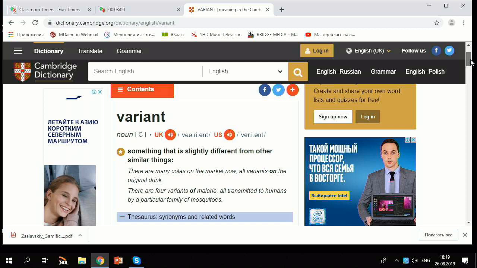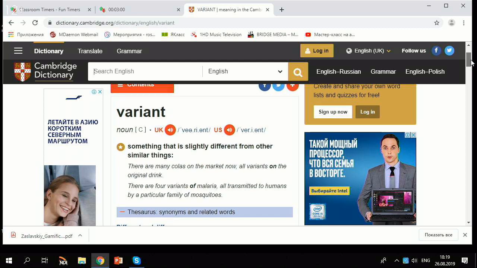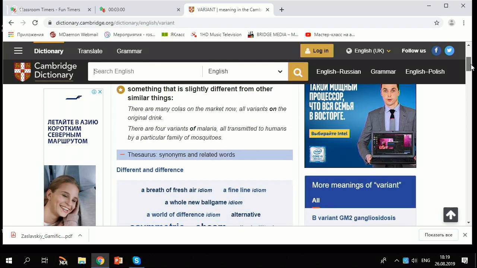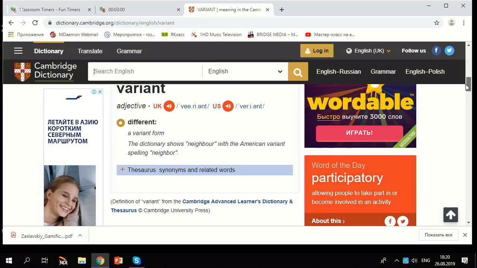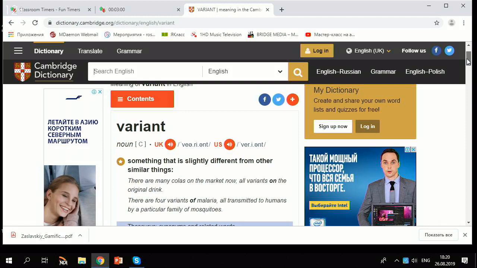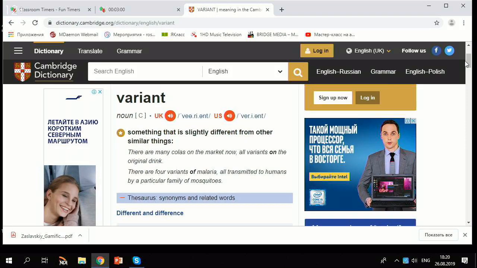And there are 4 variants of malaria, all transmitted to humans by a particular family of mosquitoes. And just so that you can see, there are no more definitions of the word variant as a noun. That is why we do not use the word variant in the English language when students have to choose the best answer. Use the word answer instead.